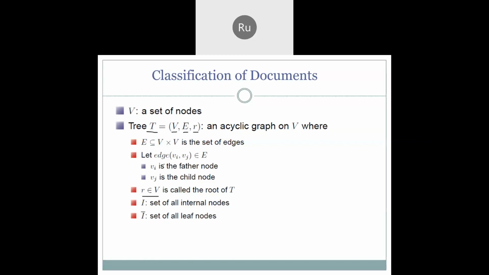And also we have E, the edges that connect from the father node to the child node. Okay, and I could be the set of all internal nodes, and then the I complement will be the set of all leaf nodes. So this is the last item in your tree.